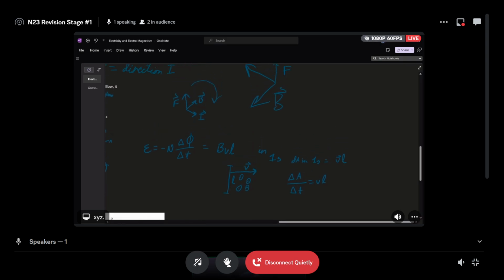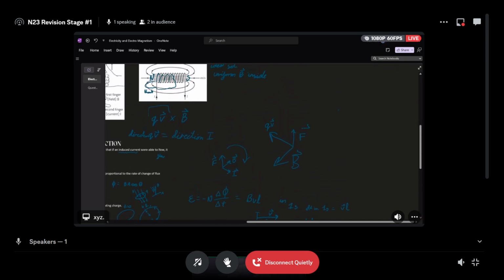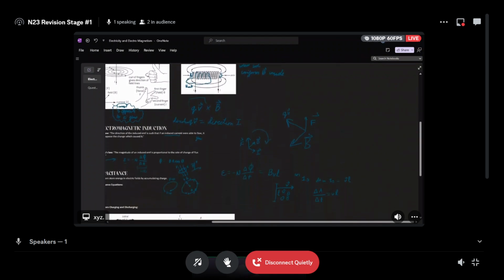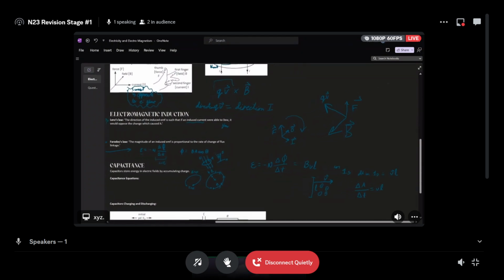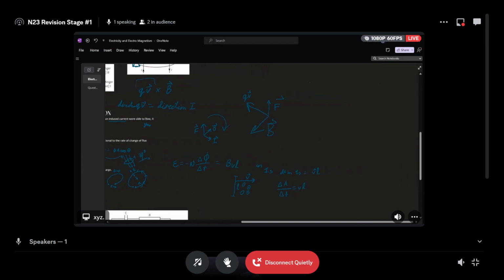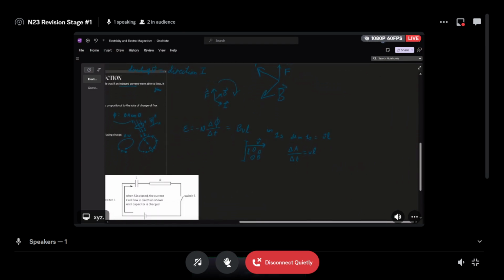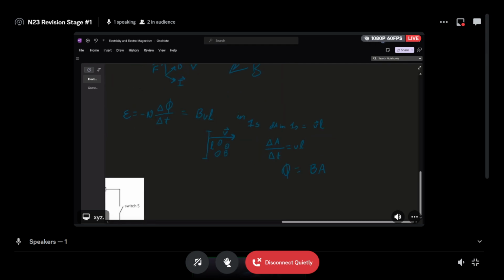And then if we look at our equation over there, we have that flux is equal to BA times cos theta. And if the perpendicular to area and the magnetic field are parallel, then cos theta becomes 1.